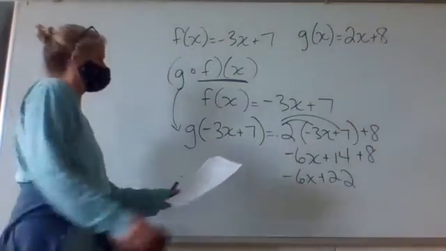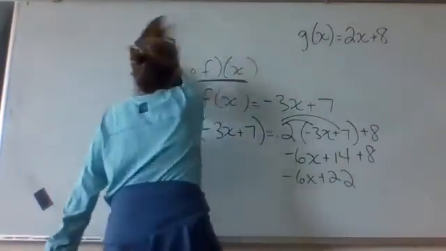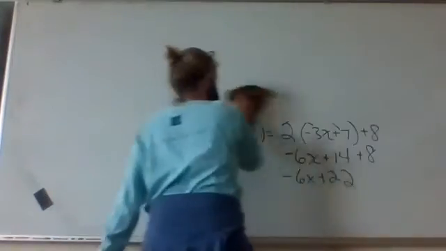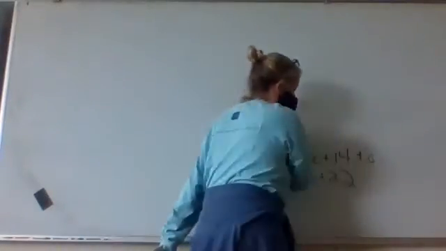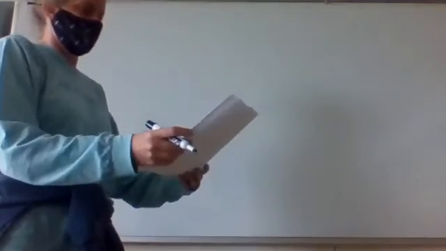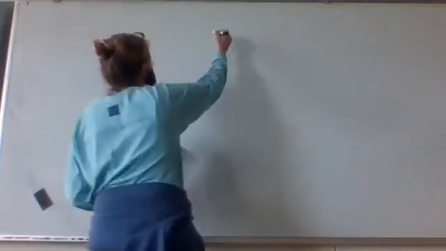All right, number 20. On number 20, the first thing it wants you to do is find out whether or not the function is 1 to 1. The function is f of x equals 3x minus 6.